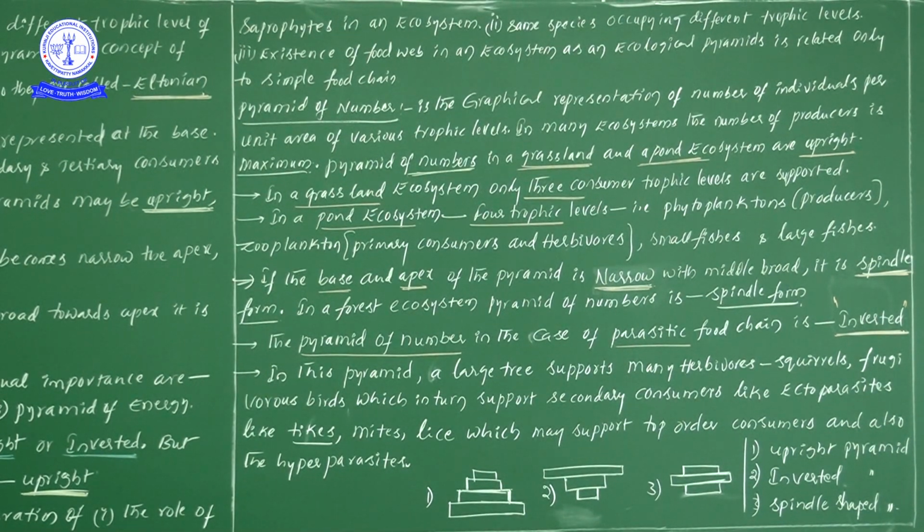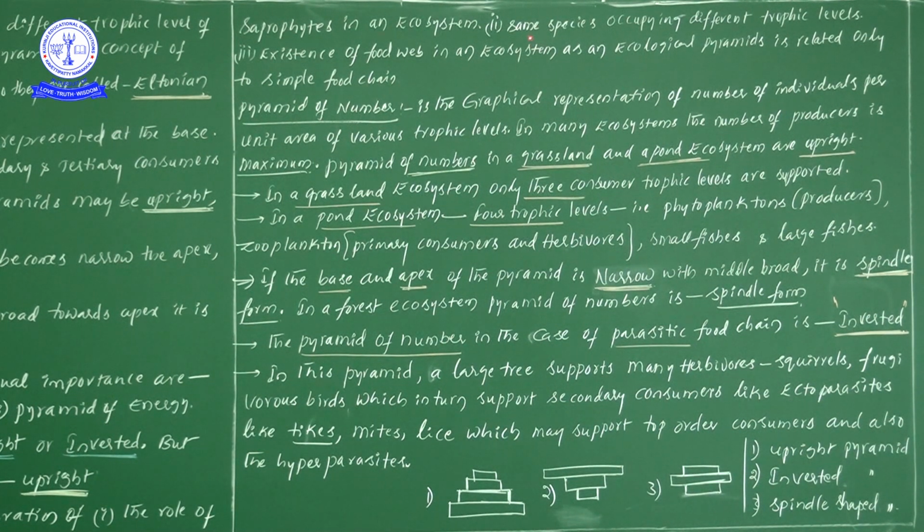Saprophytes, as I explained in the previous class, are the organisms responsible for the decomposition process. So in ecological pyramids we are not considering the role of saprophytes. I hope you understood this one.